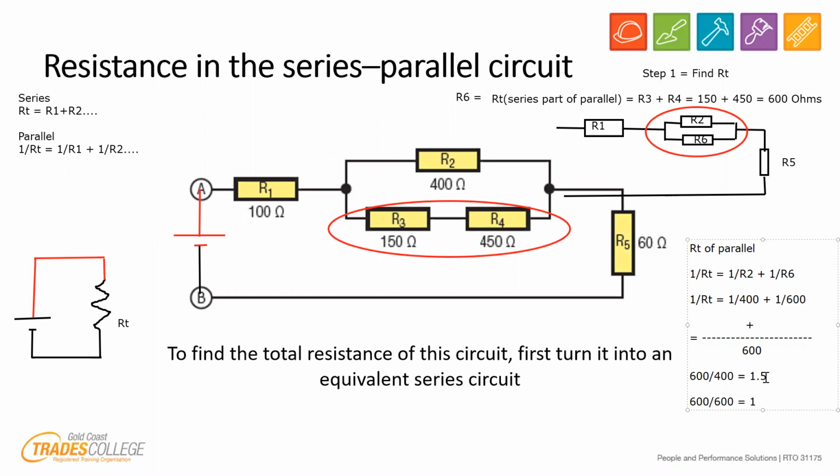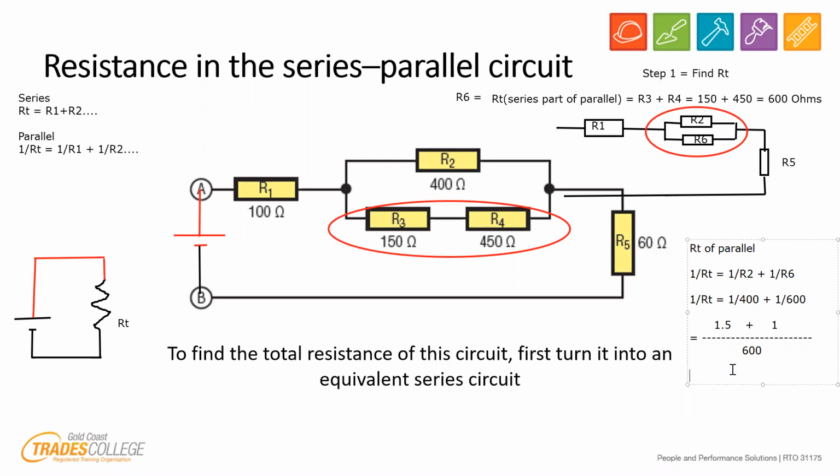So 1.5 goes underneath the left-hand side because that's the 400 bit of maths we did. Then I'll write the number in, which was 600 divided by 600, which is 1.